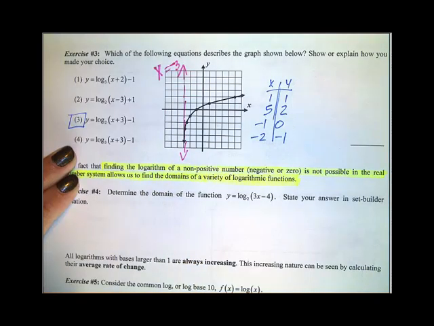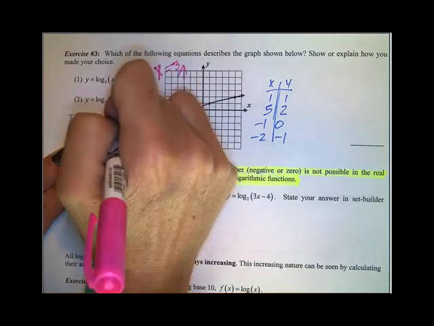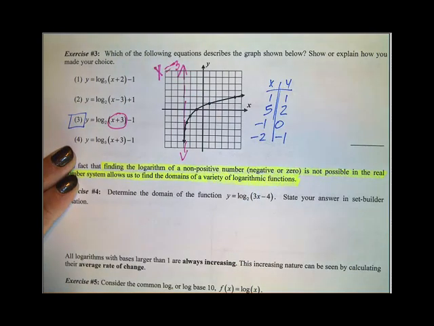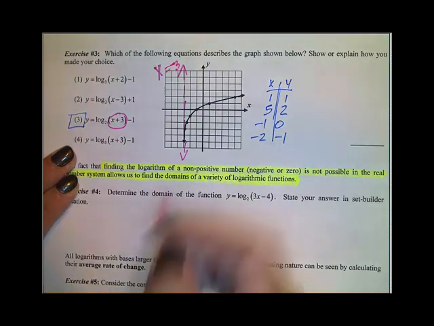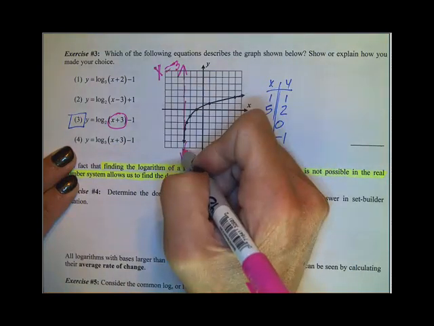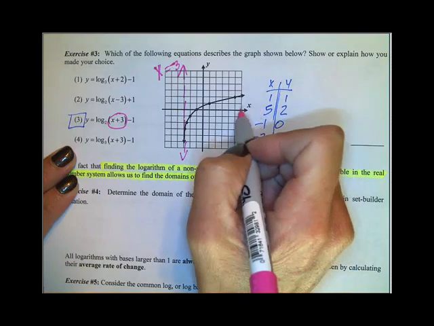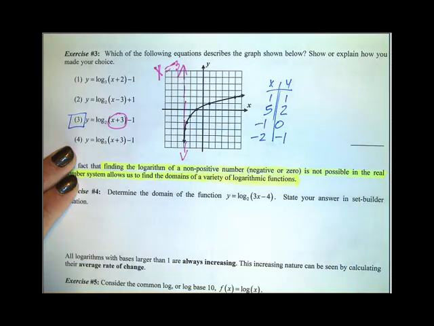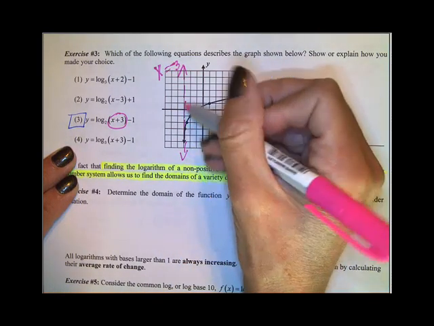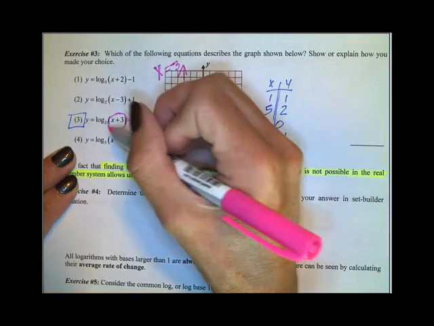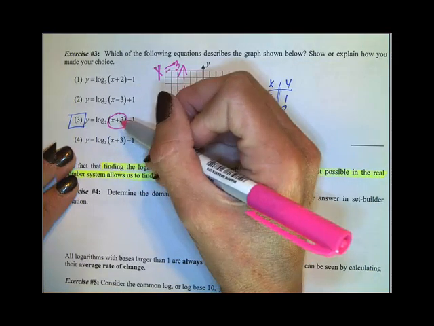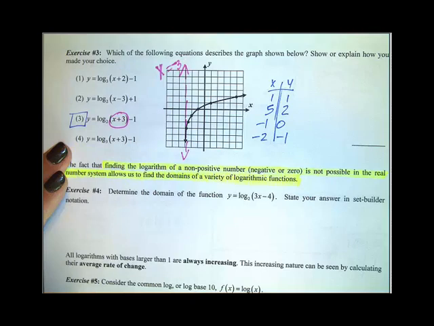Notice, what does that have to do with the equation? Well, it makes this 0. All of the values are greater than negative 3, all the x values. So this graph never touches that asymptote. So it's not going to actually equal negative 3. It's going to be greater than that, okay?